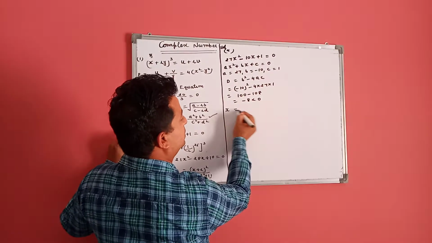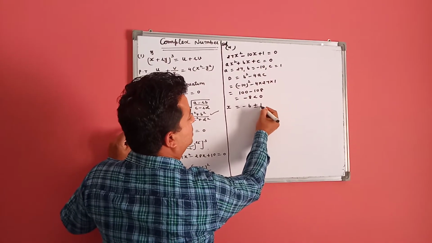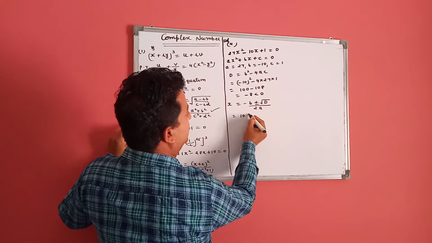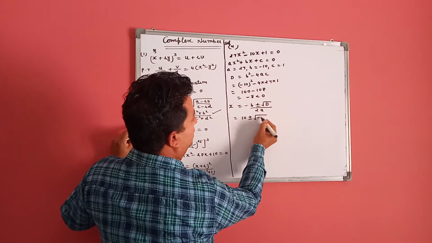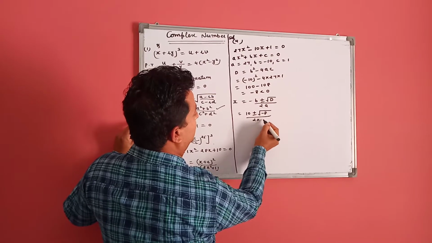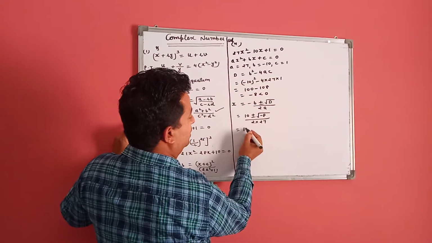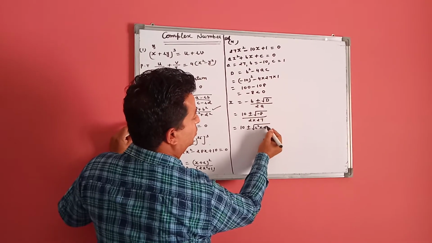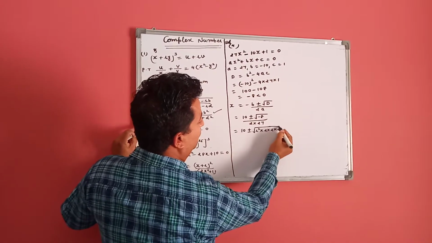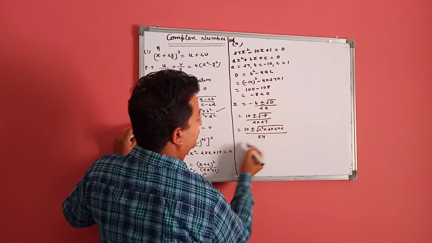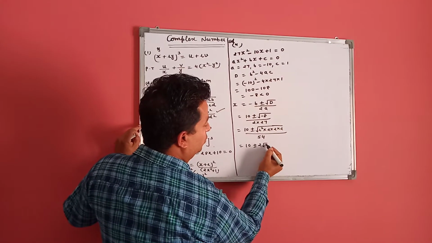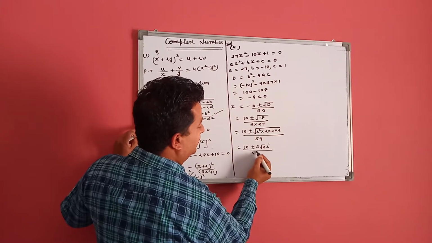In this equation, the roots are minus b plus or minus root d upon 2a. Here b is 10, d is minus 8, 2a is 54. So 10 plus or minus root of 8 i, which becomes 2 into 2 into 2, divided by 54. 10 plus or minus, take 2 under root 2i by 54.